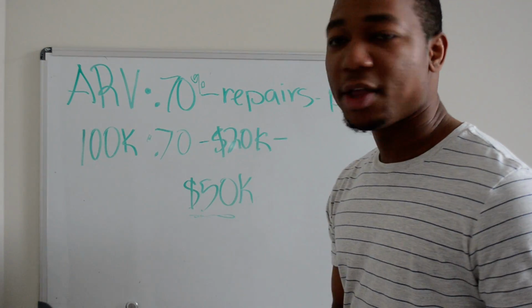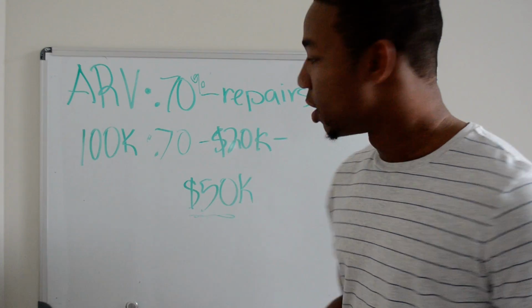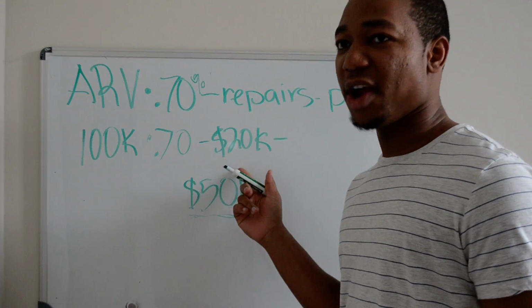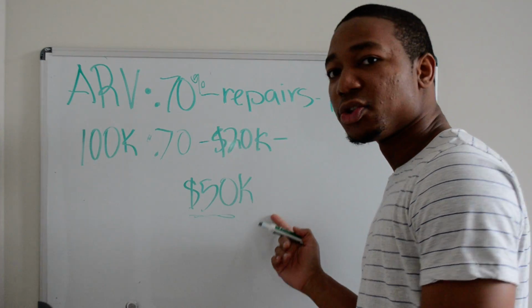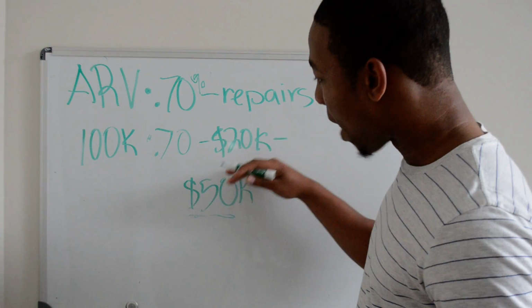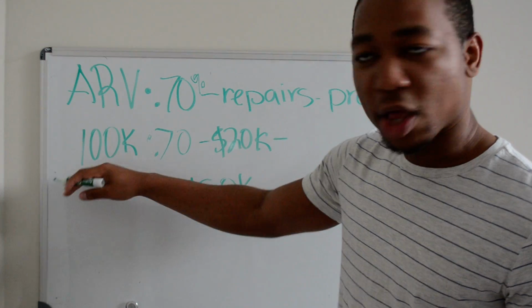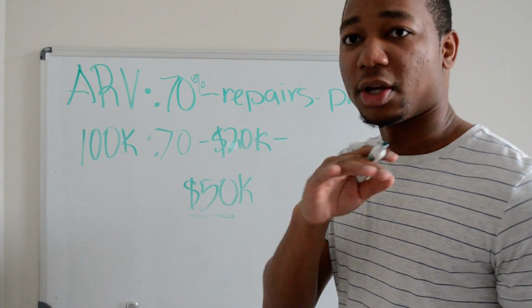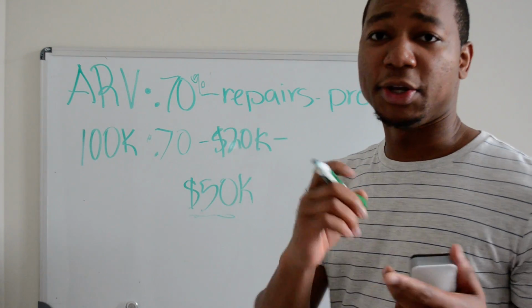All that means is that you're going to make less money. So you can't expect to just reduce the repairs down $9,000 so you can make your $10,000 in profit. It doesn't work like that because the repairs are going to stay the same. And whether you like it or not, the property is only going to resell for $100,000. So again, I hope this formula helps, and I'll see you guys in the next video.